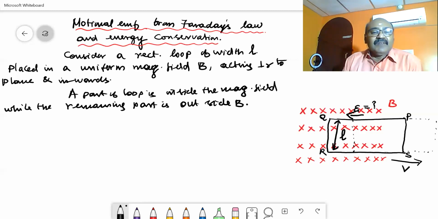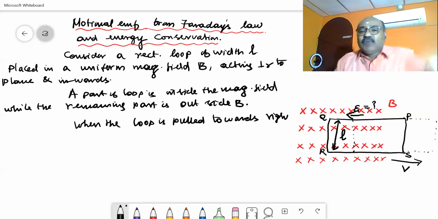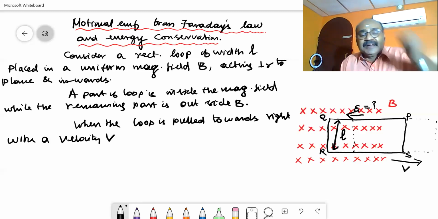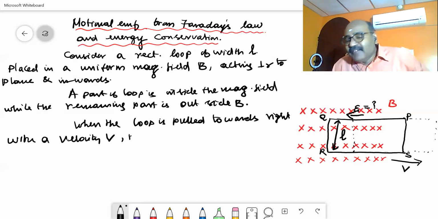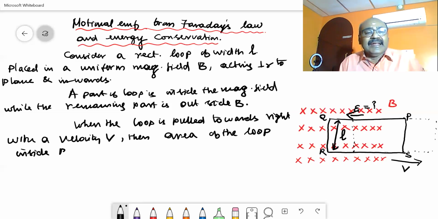So you write: when the loop is pulled towards the right with the velocity v, then when it is pulled outside, the area of the loop inside the magnetic field B decreases.